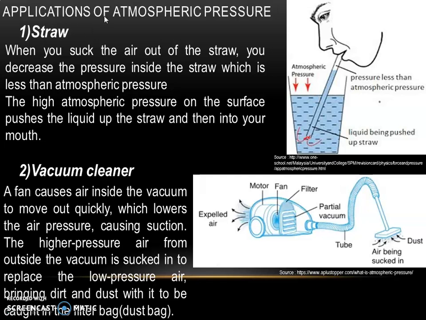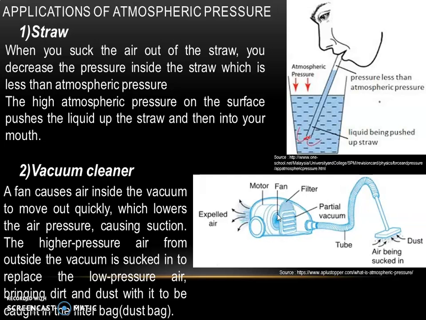Let us find out some of the applications of atmospheric pressure. When we suck the air out of the straw, the pressure decreases inside the straw, which is less than atmospheric pressure, and the atmospheric pressure, which is high on the surface of the liquid, pushes the liquid into the straw and then into our mouth. A vacuum cleaner also works on a similar principle.